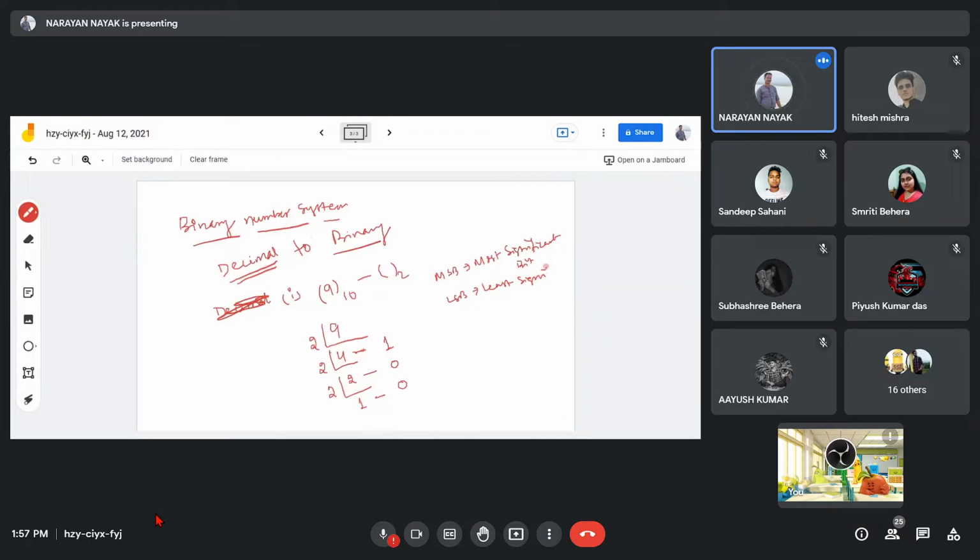So which one is the MSB and which one is the LSB? This first one is your LSB, which means it is always represented at the end. And this one is your MSB. Now, what is the answer you have to write?